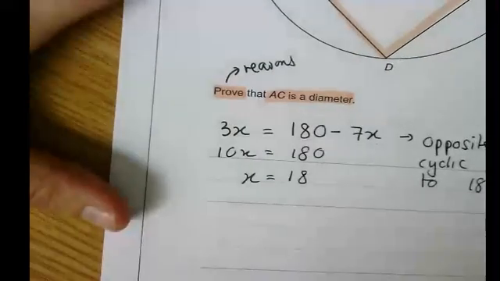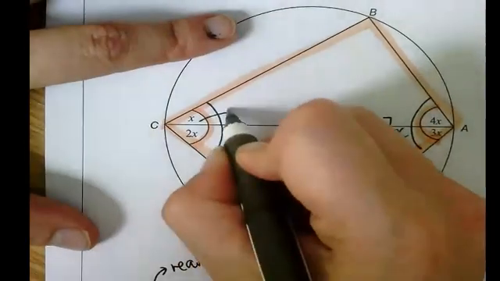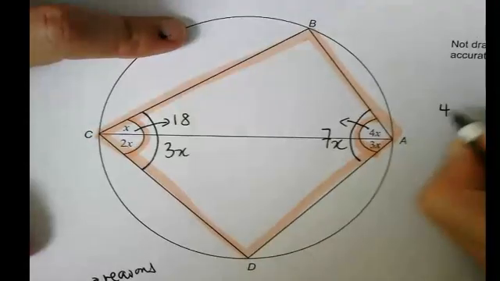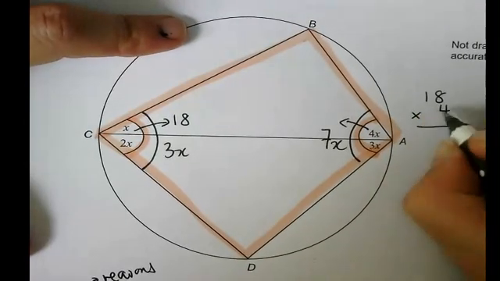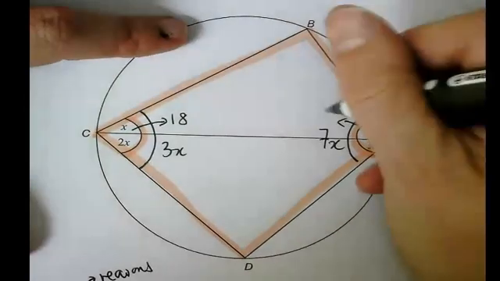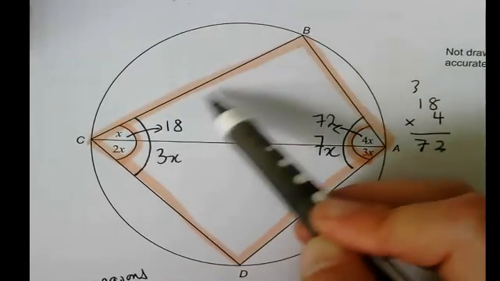Okay, now that I've got x, I think I could work out the size of these angles. This angle is going to be 18, and this angle is going to be 4 lots of 18, which is 72. And I could work out this angle by doing 180 subtract 18 plus 72.